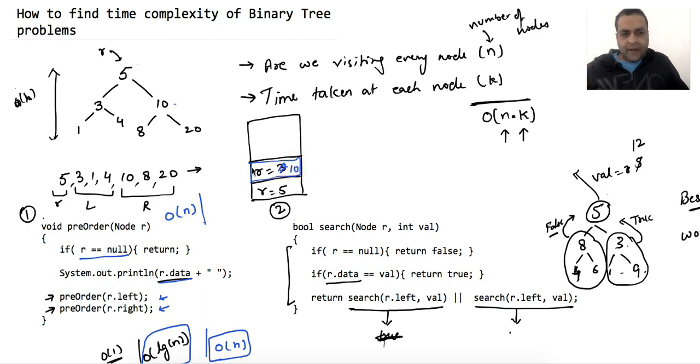So when we are in the left child, the memory is not allocated for the right child, and when we are in the right child, the recursion for the left child has already completed. So in most cases for binary tree problems, if we are using a recursive algorithm, the memory consumption is usually equal to the height of the tree, because only when the recursion for the left subtree completes does the recursion for the right subtree start.